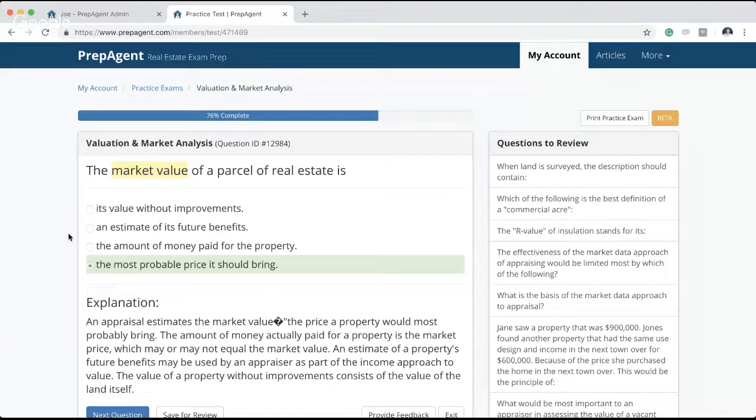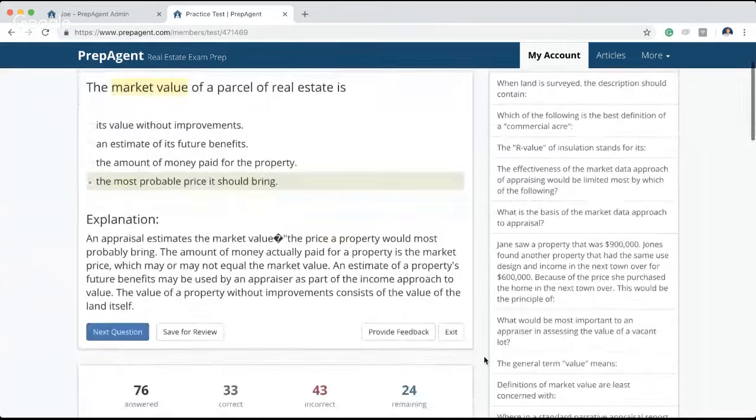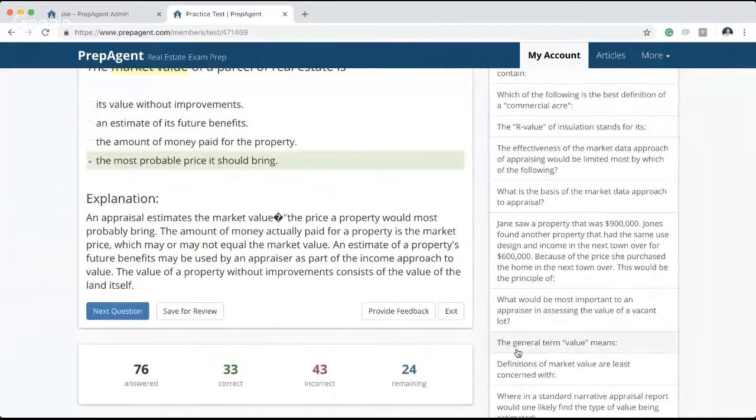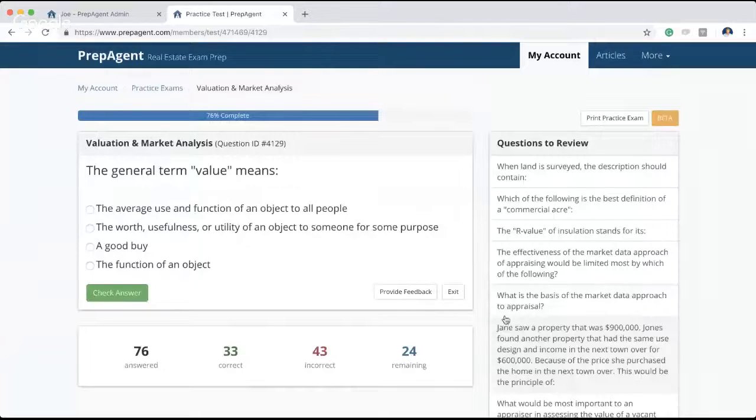As for the answer here, the market value of a parcel of real estate is D, the most probable price it should bring. The general term value means A, the average use and function of an object to all people.